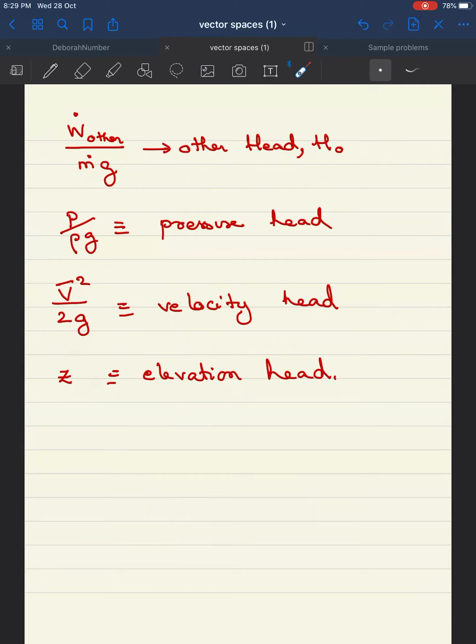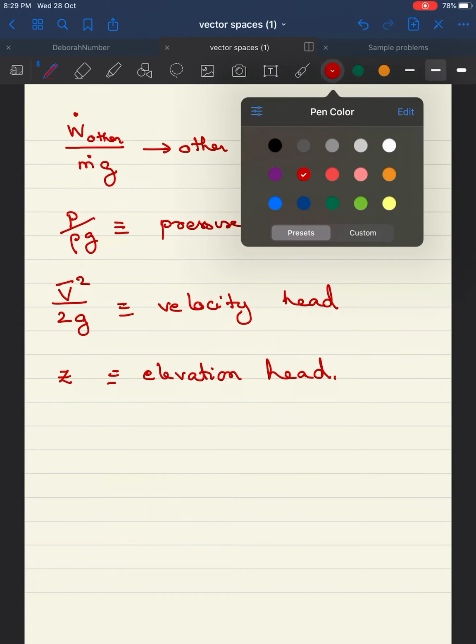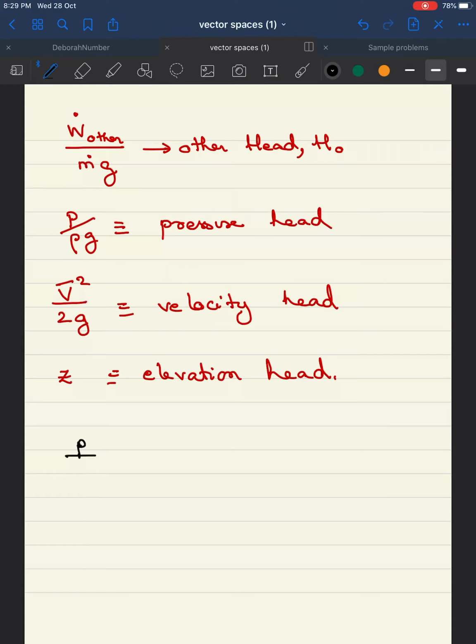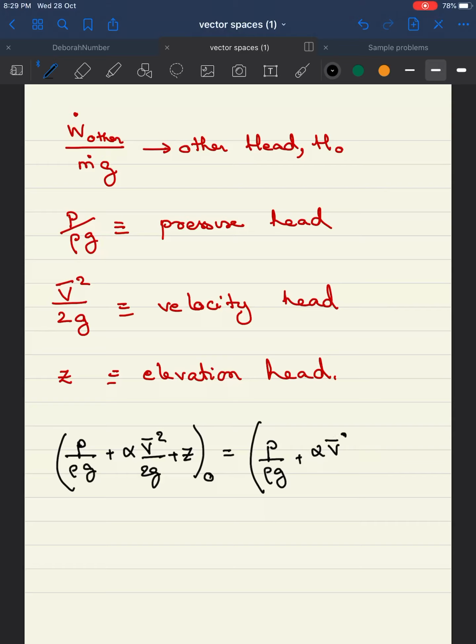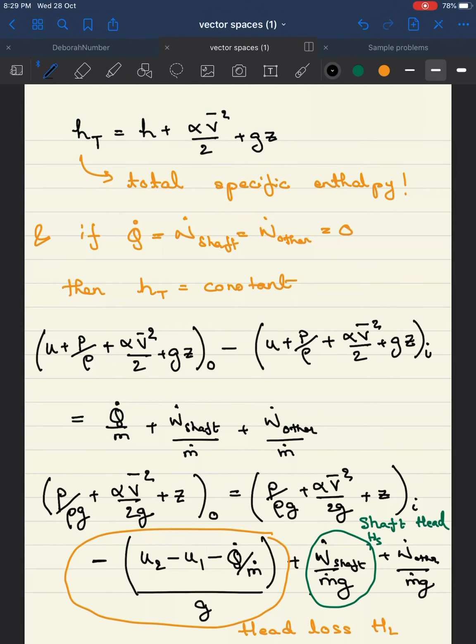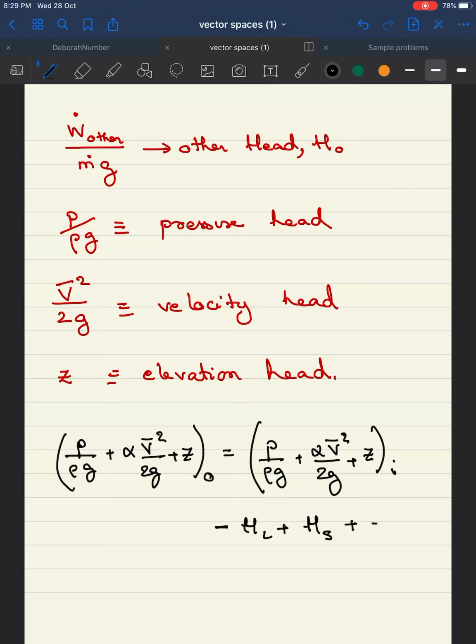So I can just reformulate this entire equation, and now I can write it as P by rho G plus alpha V bar square by 2G plus Z at outlet is equal to P by rho G plus alpha V bar square by 2G plus Z at inlet minus HL plus H of shaft, which I wrote as HS, and this is H0.